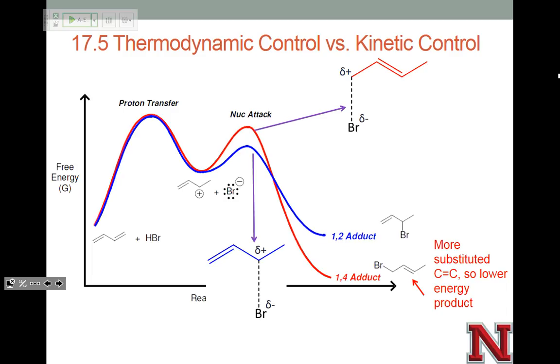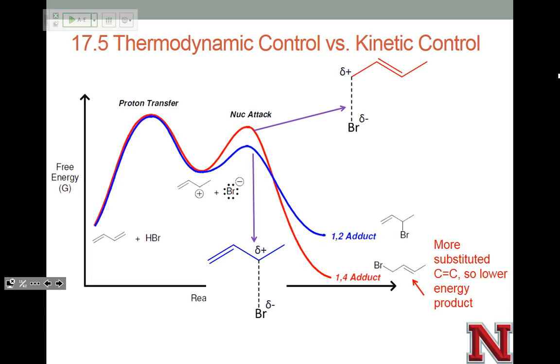So the more stable double bond will be the double bond that's more substituted. Remember, the more substitution, the more stable, because the alkyl halide part is about equal. So the driving force of stability between our products is this double bond is more substituted, this one's least substituted. So at higher temperature, you're going to form the product that has the most substituted double bond.